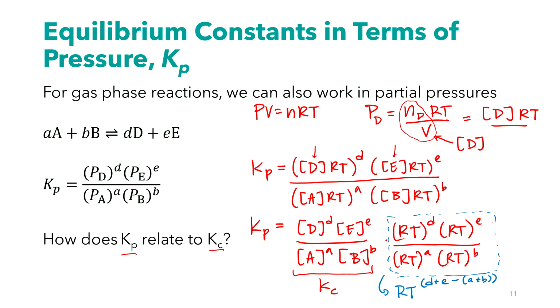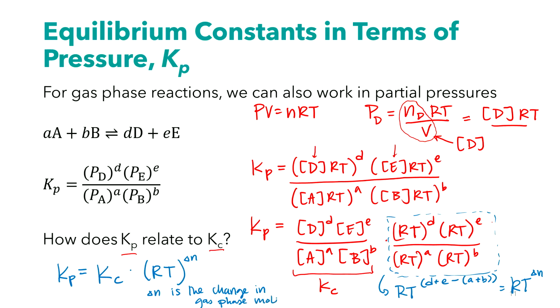So how this will be shown to you, and you get this equation on your exam sheet, is that this equals RT to the delta N. That's going to be our final version: Kp equals Kc times RT to the delta N, where delta N is the change in gas phase moles.